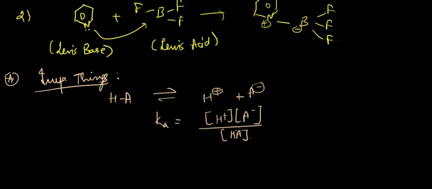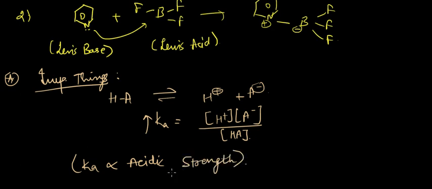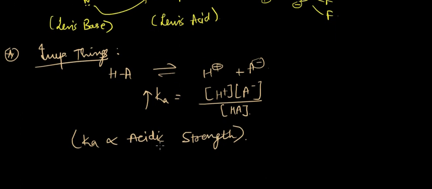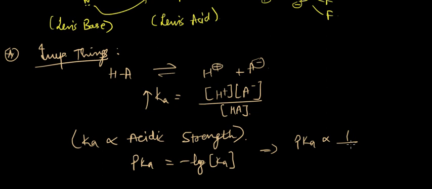So higher the Ka value, higher is the acidic strength. So we can write that Ka is directly proportional to acidic strength. Okay, and pKa value is actually minus log of Ka value. Hence, this implies pKa value is inversely proportional to acidic strength.